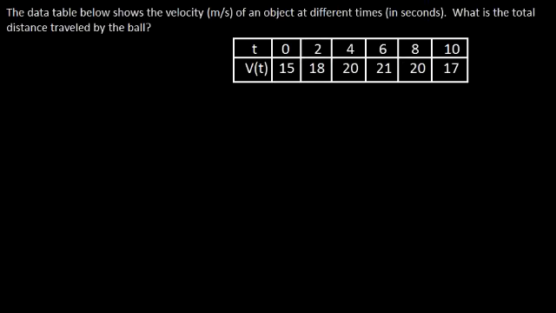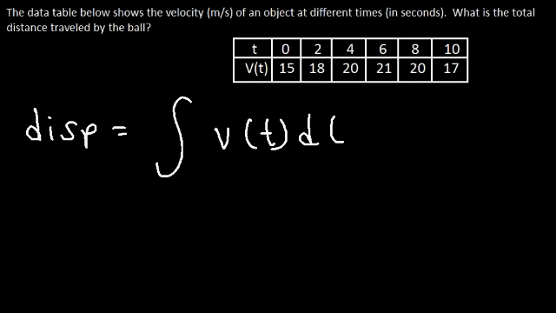Let's try this problem. The data table below shows the velocity of an object at different times. What is the total distance traveled by the ball? The displacement traveled by the ball is equal to the integral of the velocity function from a to b.